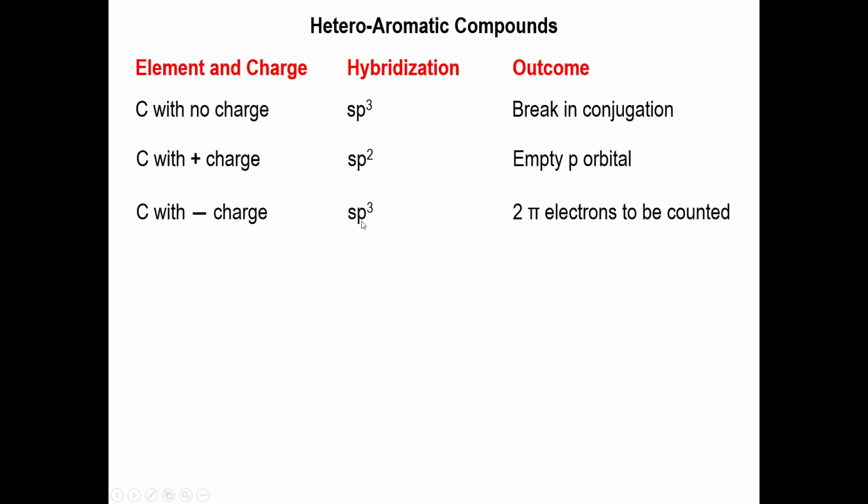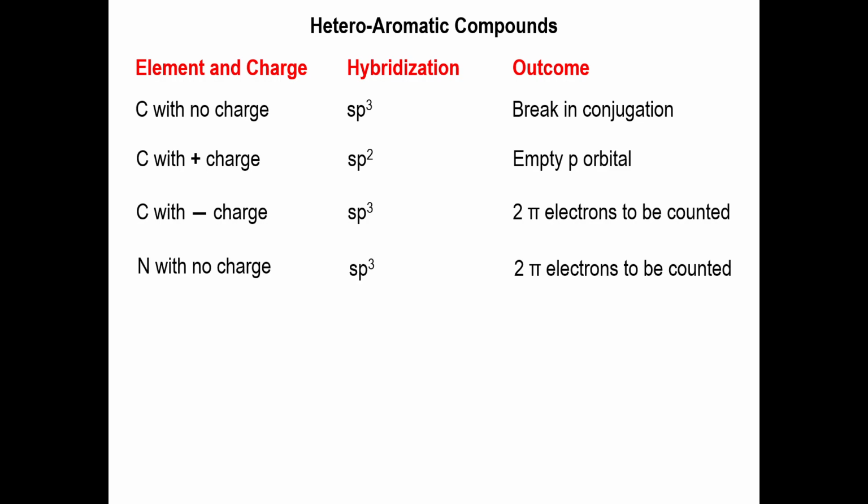And roughly speaking, that hybrid orbital can overlap with the p orbital just fine. So you could think of it sort of like an sp2 hybridized situation where the p orbital happens to have two electrons. Those two electrons will be counted as you go through the biggest loop in the molecule.